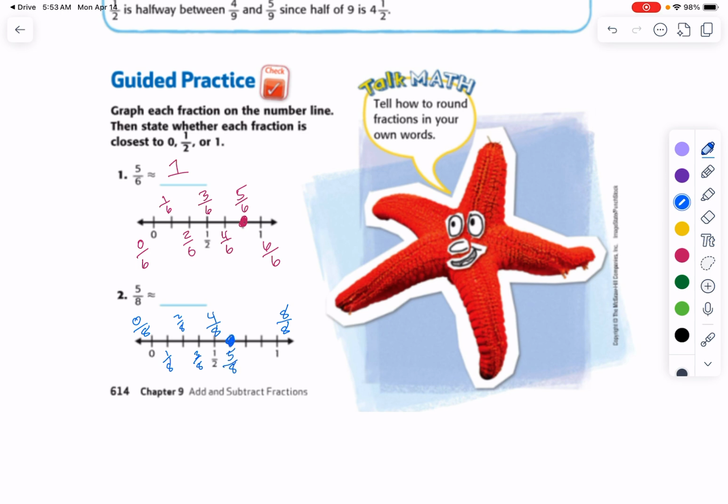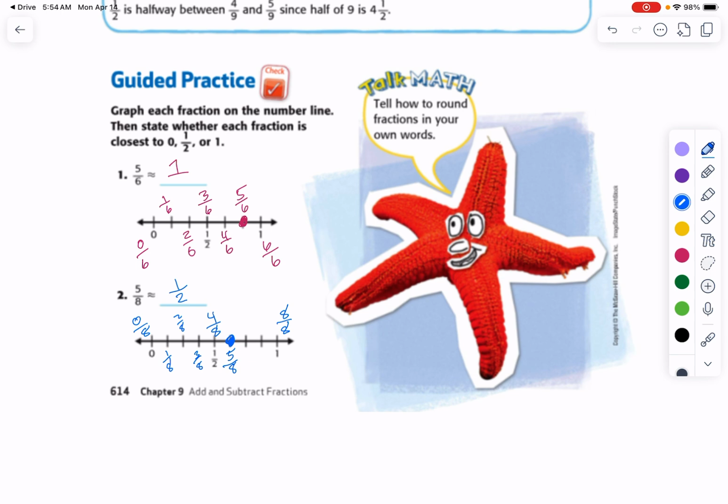There it is. So is 5 eighths closer to 0, 1/2, or a whole? Well, it's 1, 2, 3 hops away from 1 whole and only 1 hop away from 1/2. So clearly 5 eighths is about the same as or congruent to 1/2.